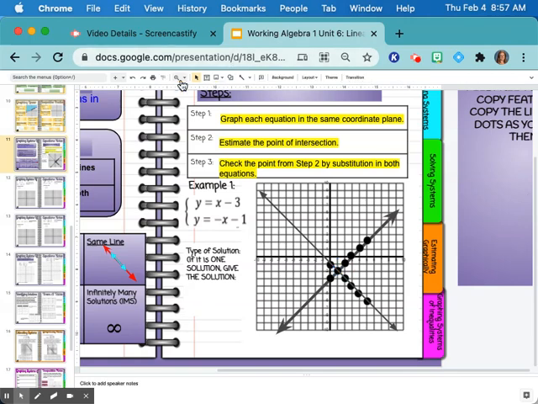And then get your scribble tool and circle where that's at. I'm going to circle it and make that red and thicken it up a little bit, just so I know that's my point of intersection.